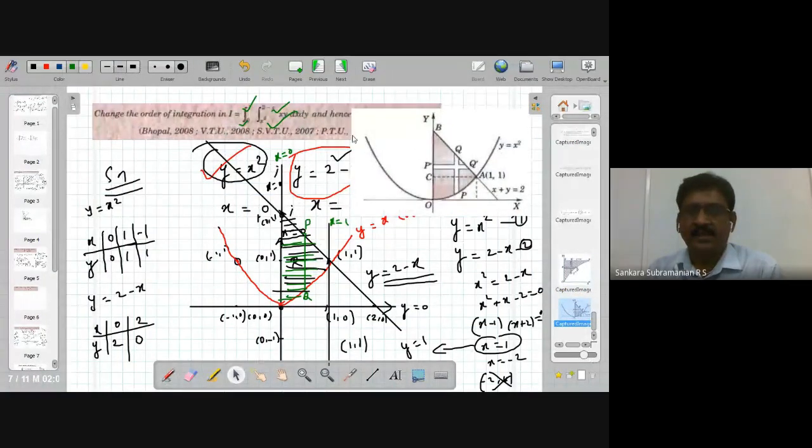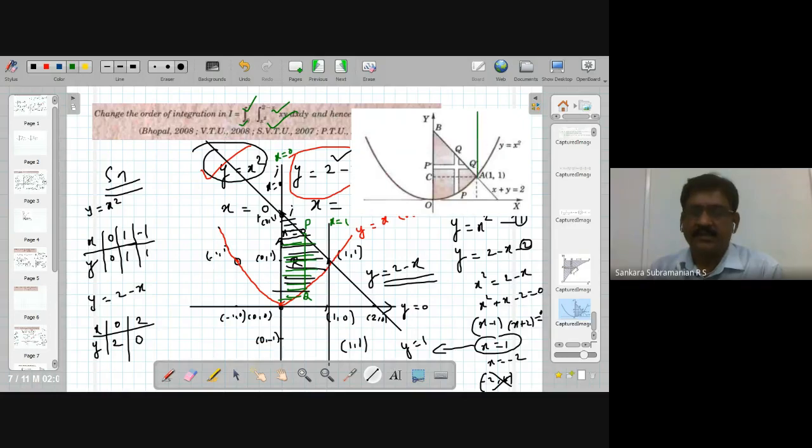Neatly a graph is drawn, y equal to x square. This is what I have explained here. This is the line x plus y equal to 2, or y equal to 2 minus x. And this is x is equal to 0, the line. And this is x is equal to 1, of course. It is not given here actually.